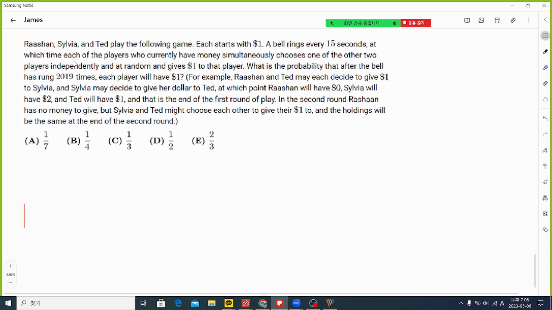So the outcome will be either all 3 people end up with $1 each, or one person has $2 and one person has $1 and the third person has $0. So there are 2 outcomes, and we want to find the probability for all the people having $1.